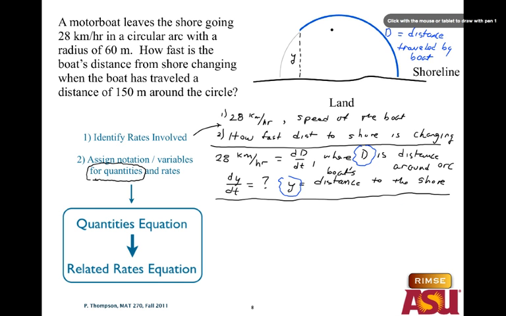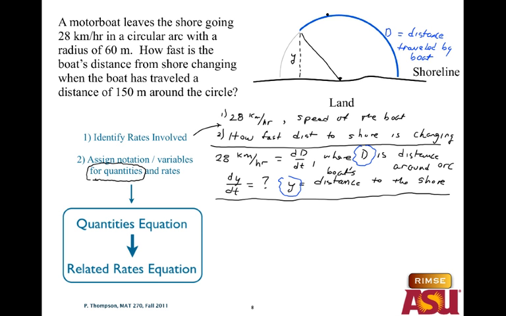Okay, I think he's onto something there. It's going to be trig, right? So consider the center of the circle here. What does capital D relate to in this circle? It is the distance around the arc.